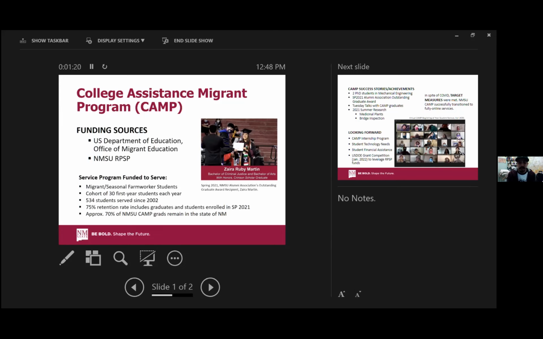There are other programs, such as the Migrant Education Program that serves students from K through 12, and the High School Equivalency Program that serves students in order to obtain their GED. NMSU CAMP also receives funding from the university, from the research and public service projects.